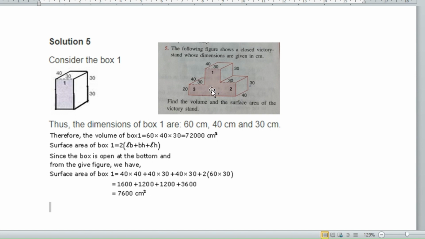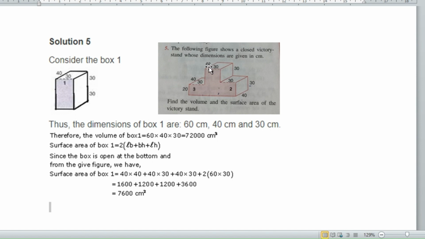Stage 1, this is 30 centimeter, and again this is 30, so the total length is 60. This length is 60, and this length is 40 and this breadth is 30.